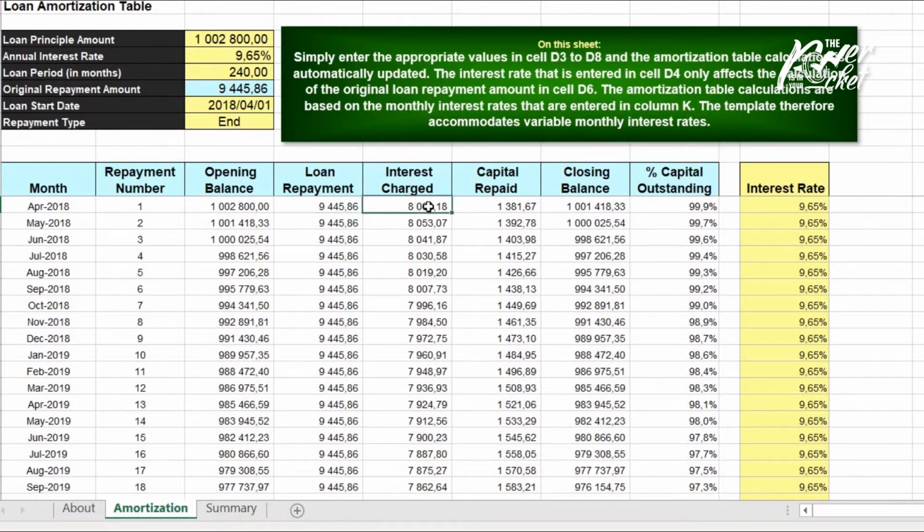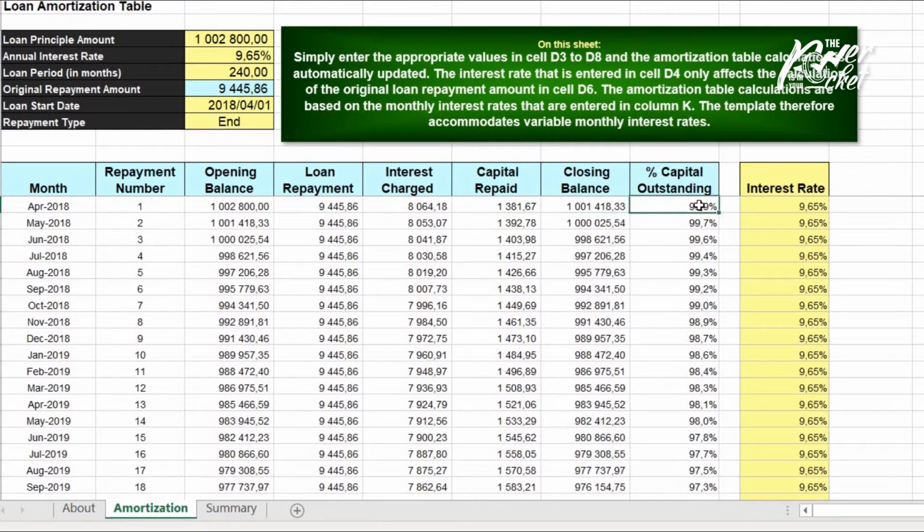This amount belongs to the financial institution, belongs to the bank. This is what they're charging you for lending you money. And after paying this installment, this amount is all you would have paid back in capital from this amount. And this amount minus the capital repaid is the closing balance.